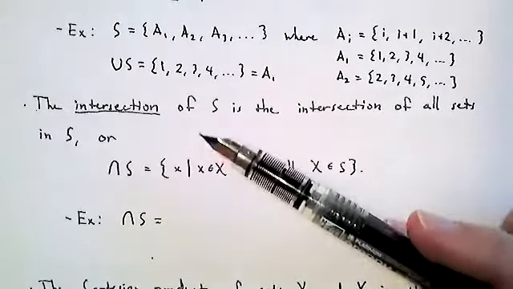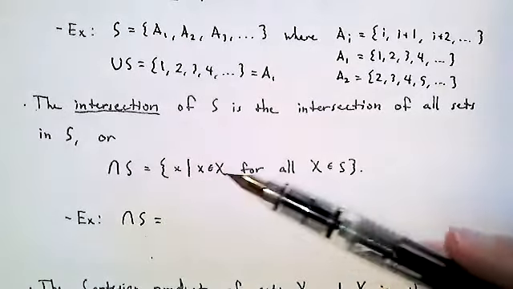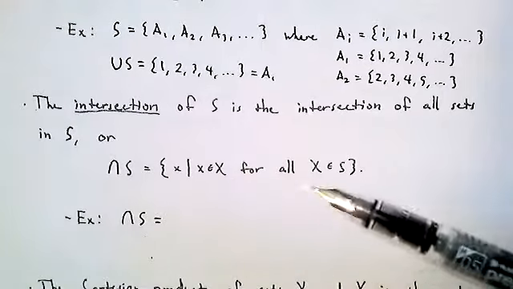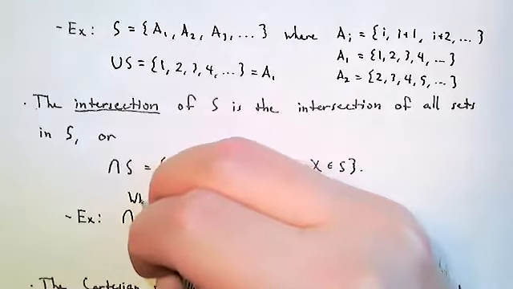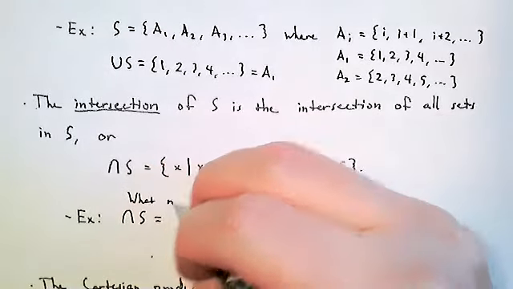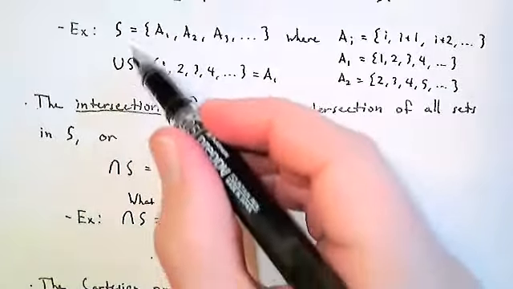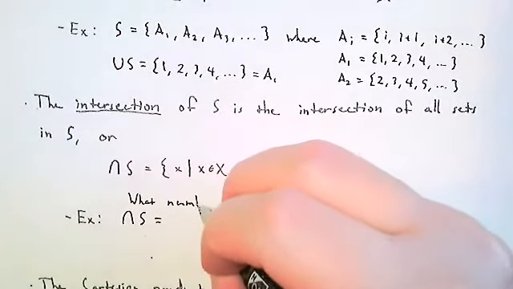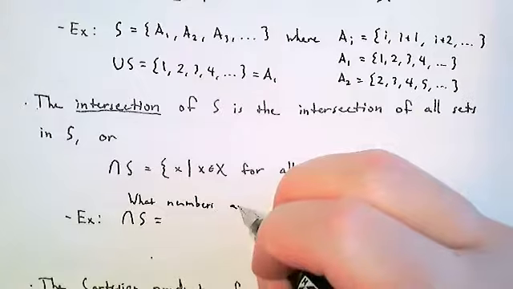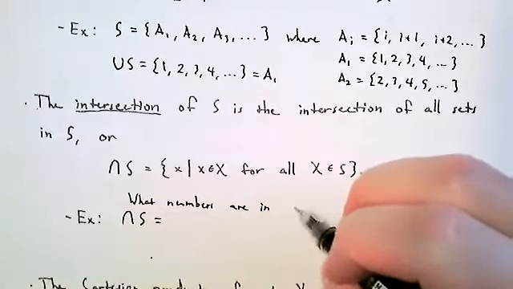So what numbers are going to be in all of my sets? That's what I need to answer in order to figure out the intersection of this family. So what numbers? All integers.